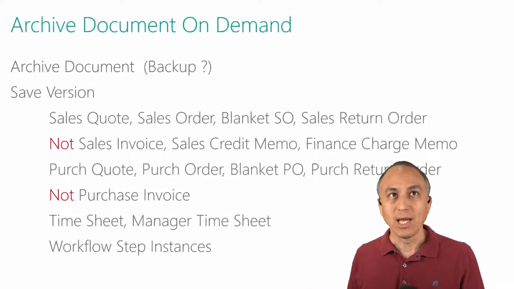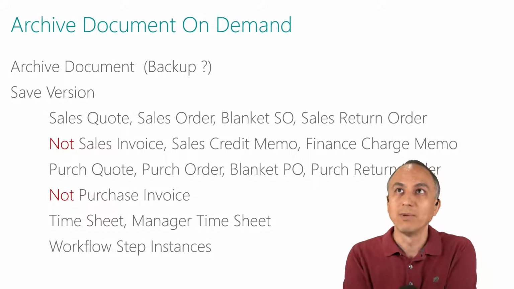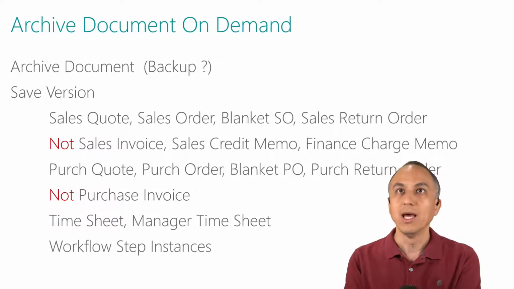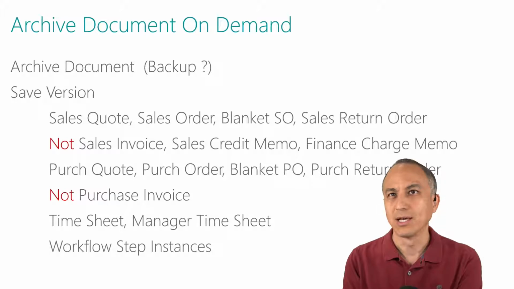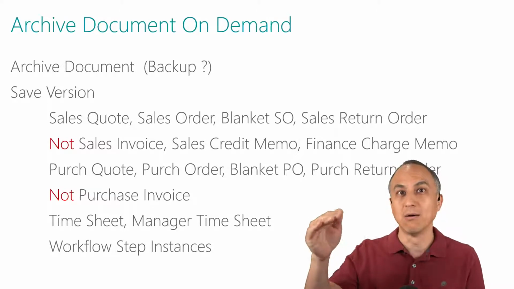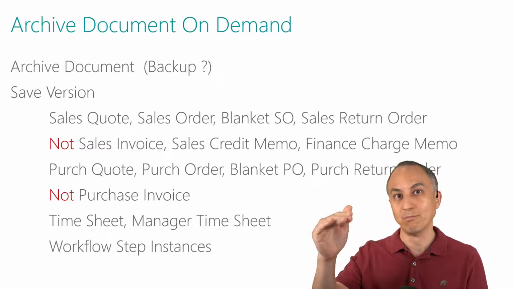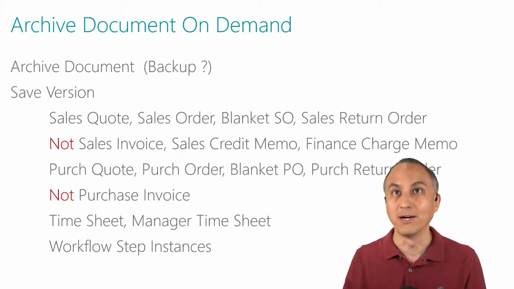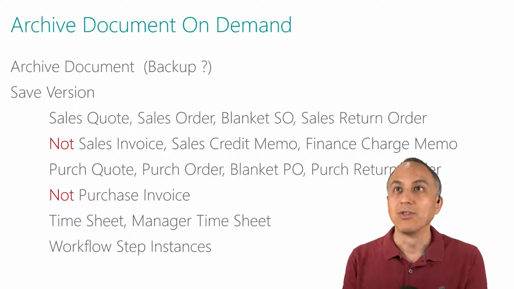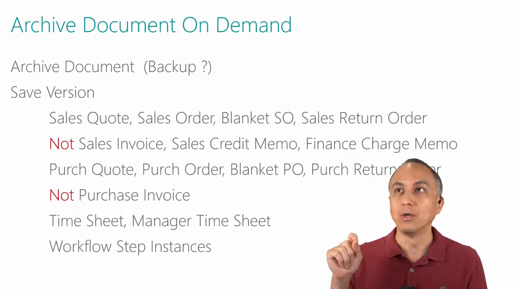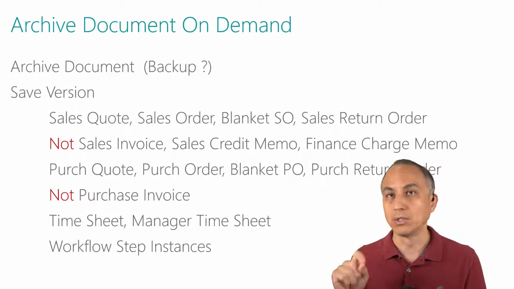So anyway, this archive document on demand was new to me, and I think of it like a backup. But not only is it a backup, you can have multiple versions of that backup. And this applies to many, but not all document types.